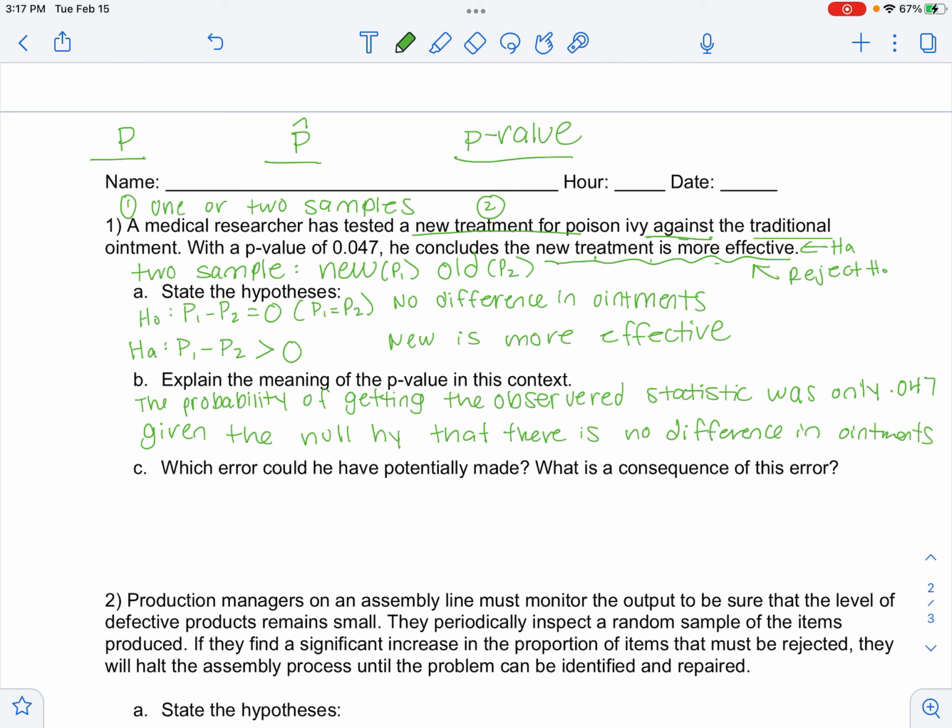So remember, our p-value is the probability of our observed value, but that is under the assumption that the null is true.